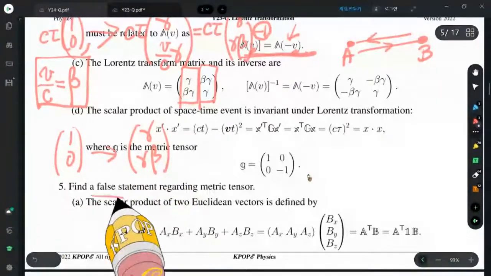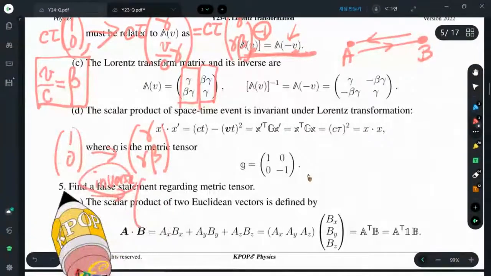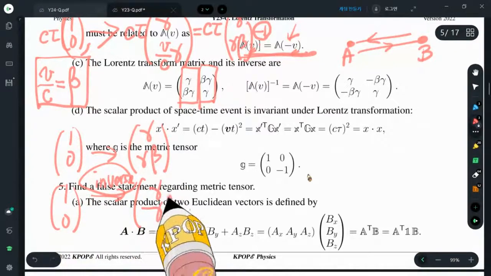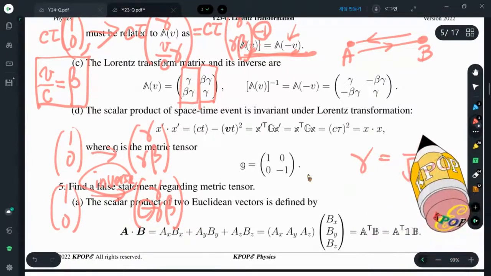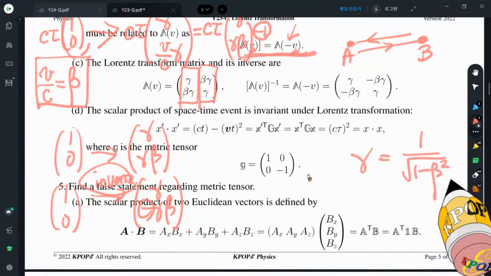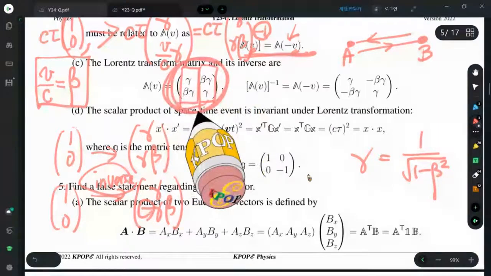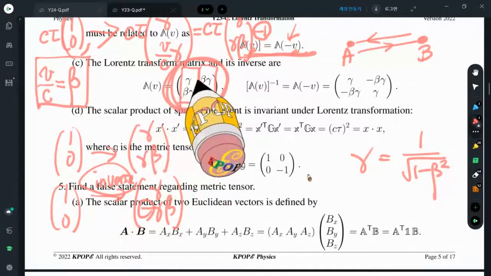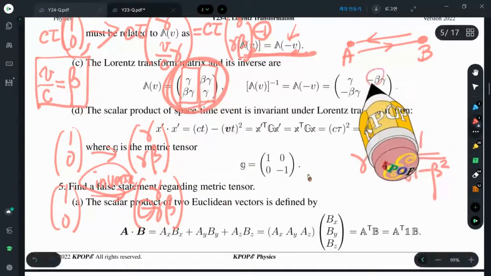And what happens in the inverse case, 1, 0 must boost to gamma and gamma beta with negative sign, because gamma is independent of the sign of beta. So as a result, once you obtain this Lorentz boost matrix, the inverse is trivial. Inverse is nothing but the replacement of beta with minus beta.